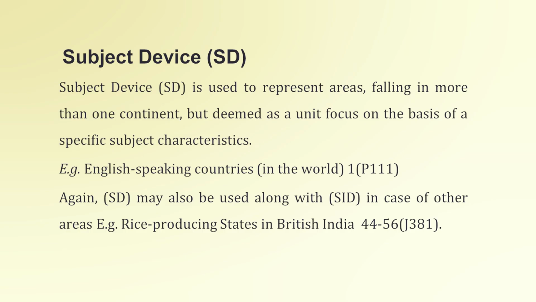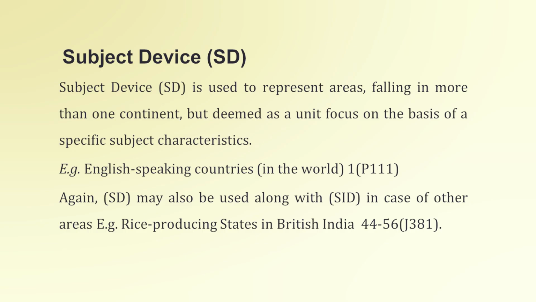For world, we get the notation 1 from space isolate, and English speaking countries in the world will be denoted by English language in circular brackets, that is main class P111 is the notation for English speaking countries in the world. Again, subject device may also be used along with superimposition device in case of other areas instead of the world, such as rice producing states in British India.